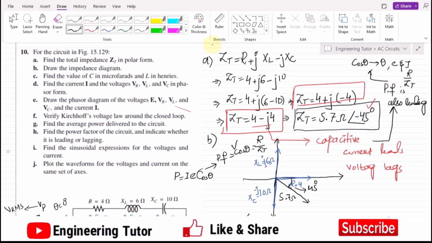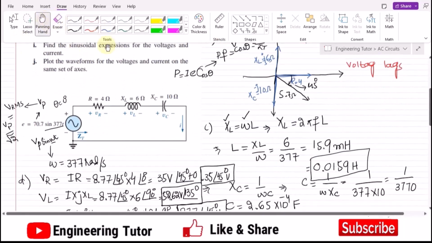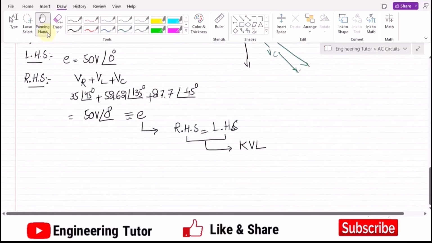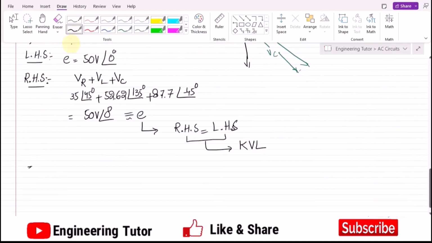Okay, after it, we have to find the sinusoidal expression for the voltages and currents. We know all the voltages here, which are now in these forms. These are basically the RMS voltages. So in order to find, let me use VR, in the sinusoidal form, we have to write VP sine of omega t plus theta.